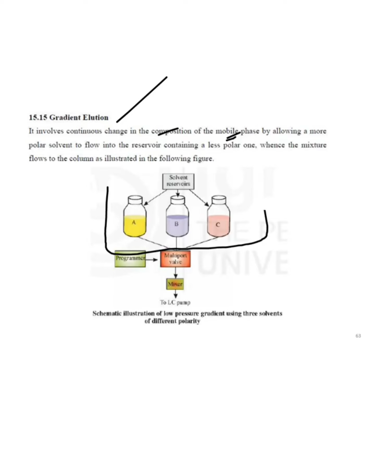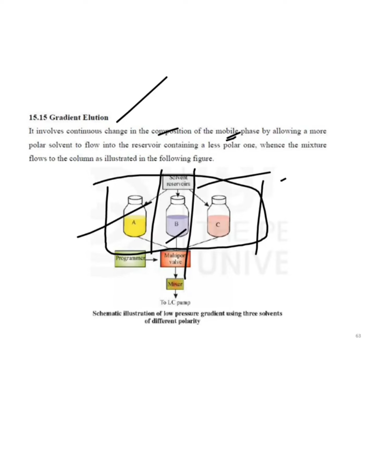So these are the reservoirs, with three different mobile phases. For example, you can take water, ethanol, pet ether, different concentrations of polar and non-polar.